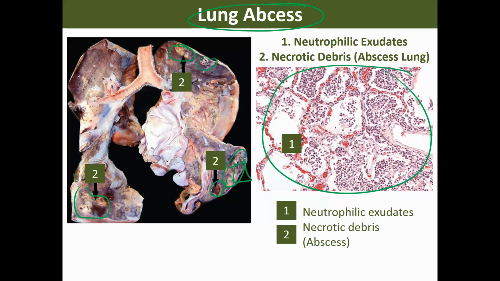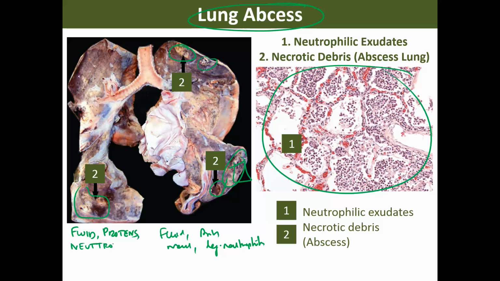The abscess is full of what? If you take the abscess and see it under the microscope, it will be full of fluid, proteins, neutrophils, degenerated neutrophils. I will write properly. Fluid, proteins, what is that? Plasma proteins, and we have neutrophils.